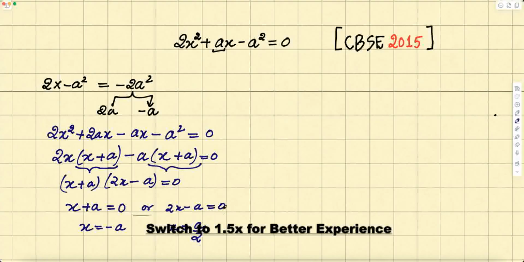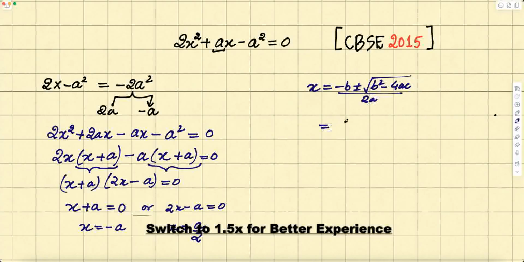Let's solve the same question with the help of the quadratic equation formula. So let's write the formula first. It is written as x equals minus b plus minus root over b square minus 4ac, divided by 2a.